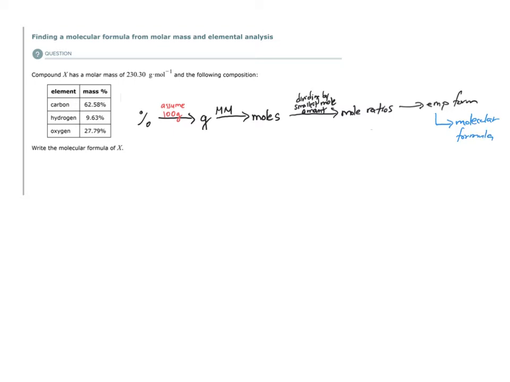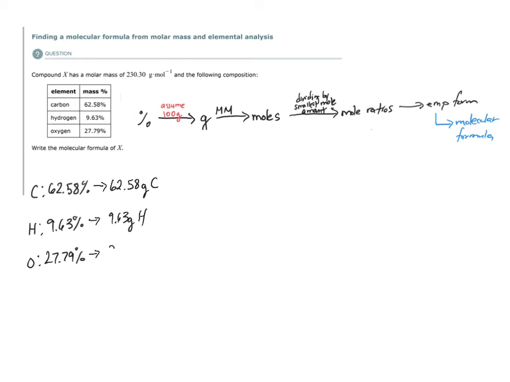Okay, so let's fly through the beginning. We have carbon, hydrogen, and oxygen. In this sample, 62.58% is carbon by mass, 9.63% is hydrogen by mass, and 27.79% is oxygen by mass. And so we assume 100 grams to convert directly from a percent to a gram amount. 27.79 grams of oxygen.